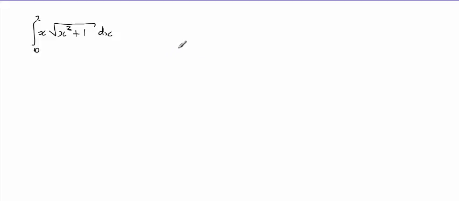So we'll do integration by substitution almost exactly like we did for indefinite integrals, but we also need to consider the limits of integration, in terms of changing them. First of all, we let u equal x squared plus 1.